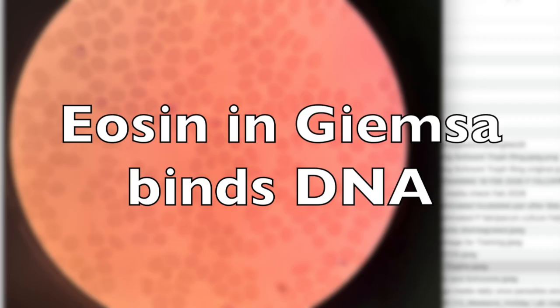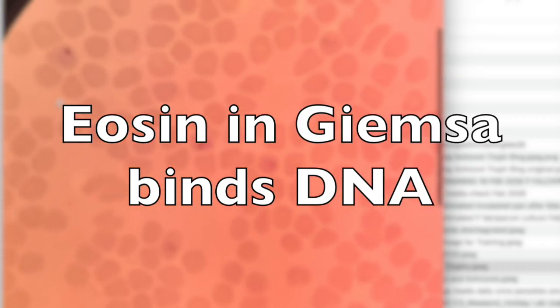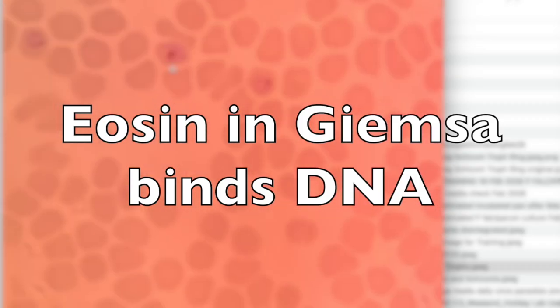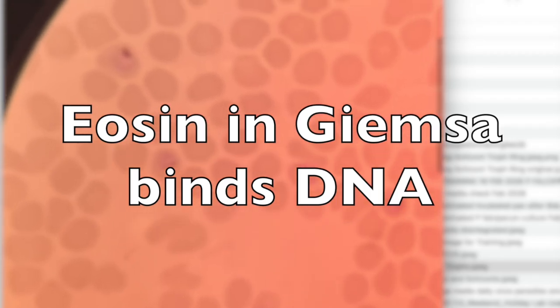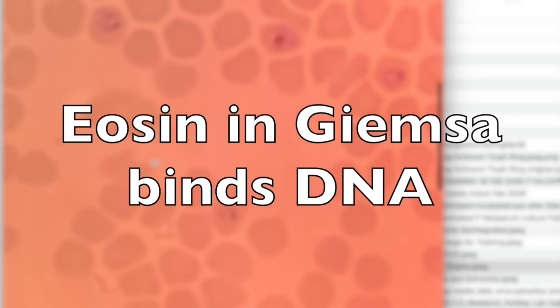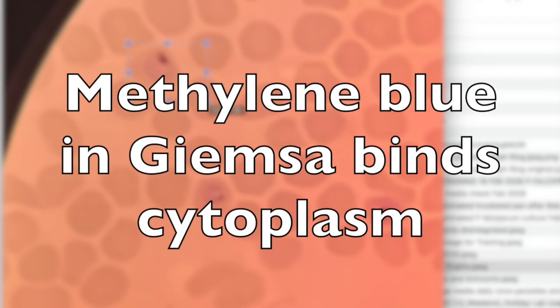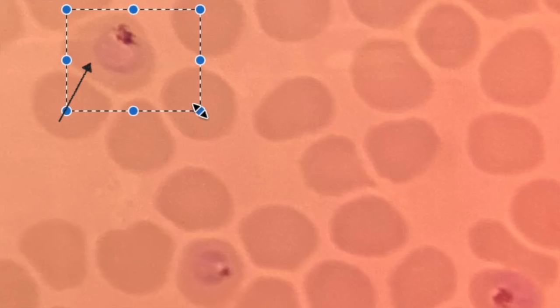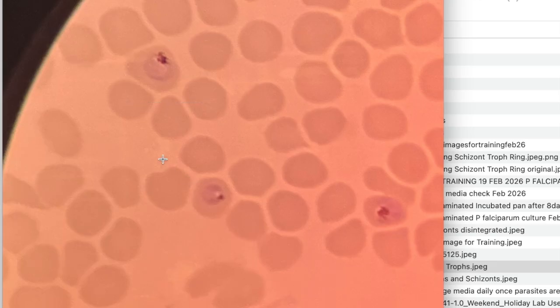I know DNA is actually negative, but because of the histones, specifically the lysine and arginine amino acids, the overall chromatin is a bit positively charged, so the eosin will go and bind it, whereas the methylene blue being basic will bind in the cytoplasm, which is relatively acidic.